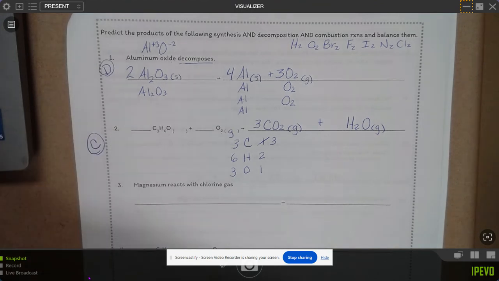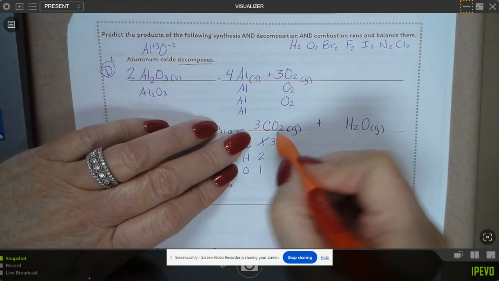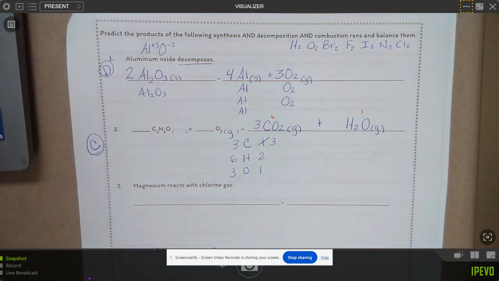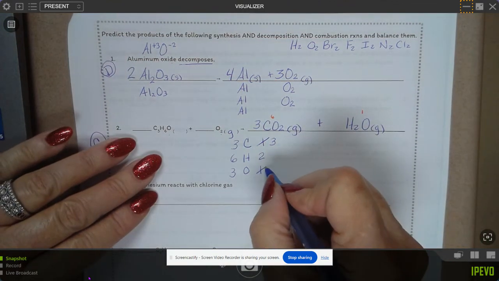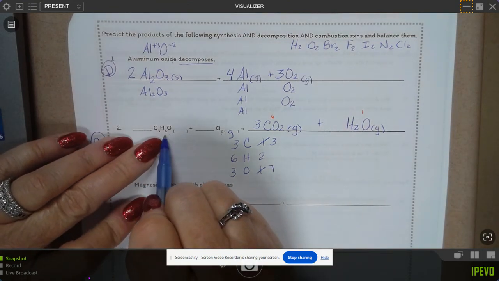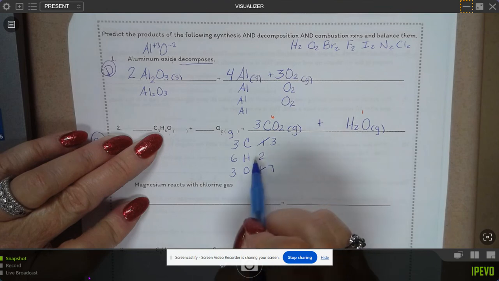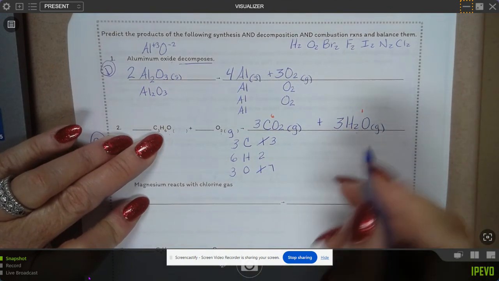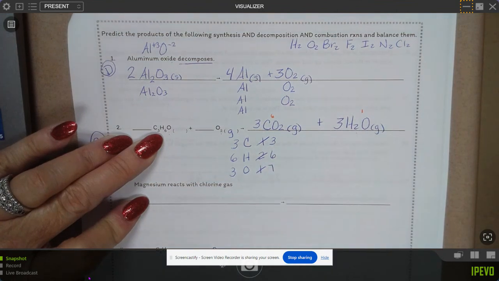Now I want to keep a tally of my oxygen. Here I have 6 oxygen on this side and only 1 over here, so right now I have 7 oxygen. Next hydrogen. I've got 6 hydrogen here, only 2 here.